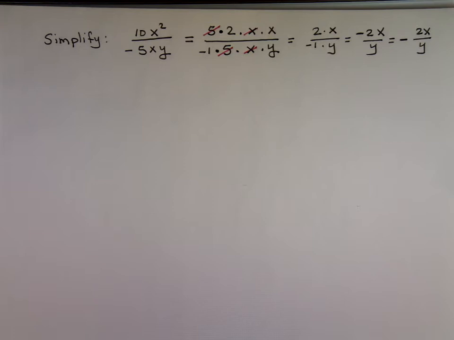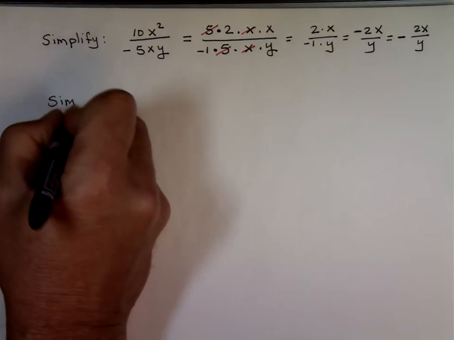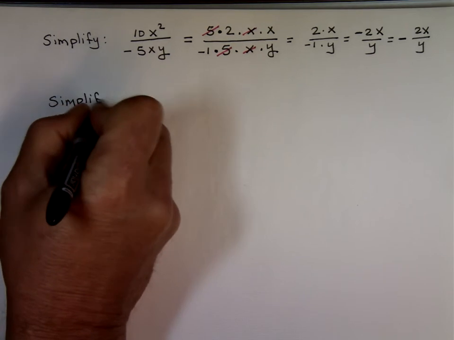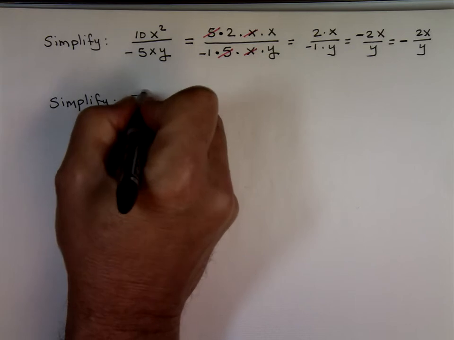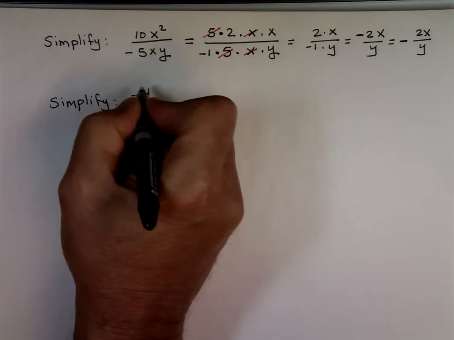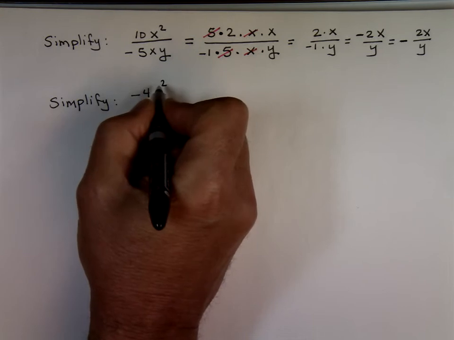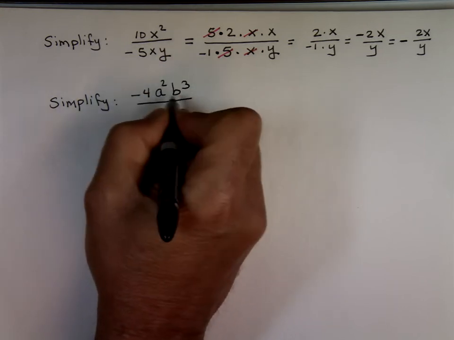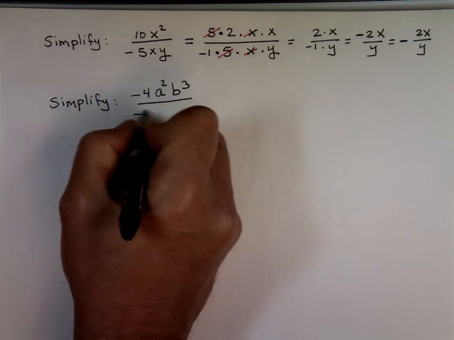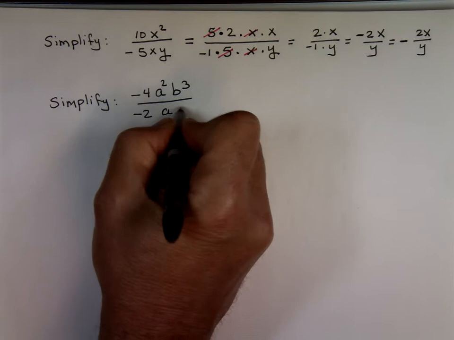Let's try another one. Simplify negative 4a squared b cubed over negative 2ab squared.